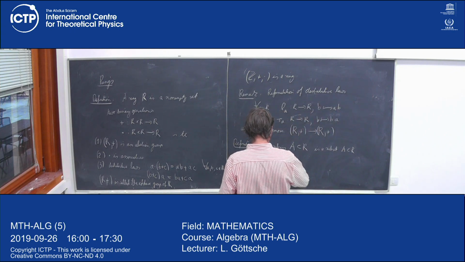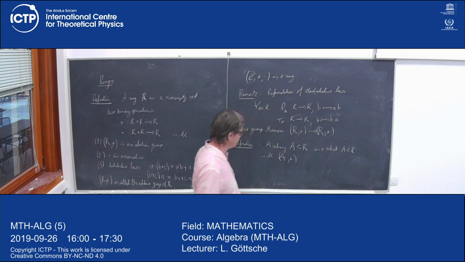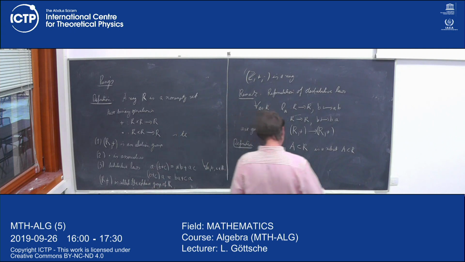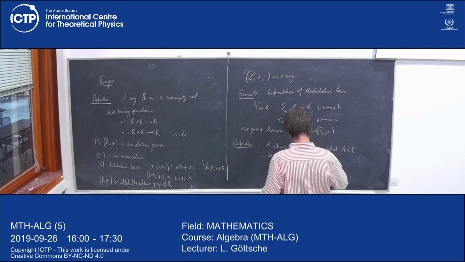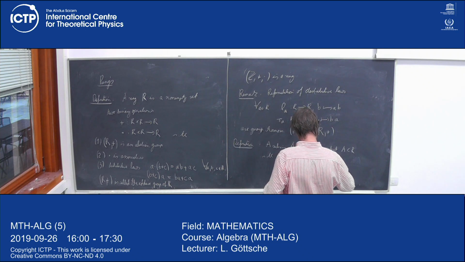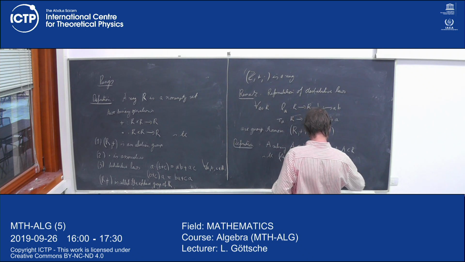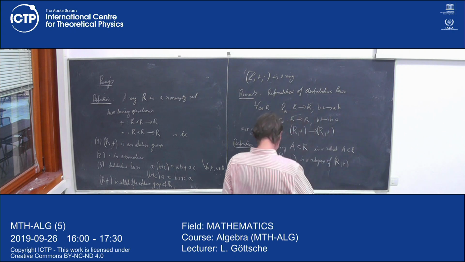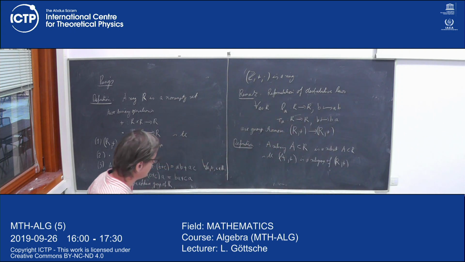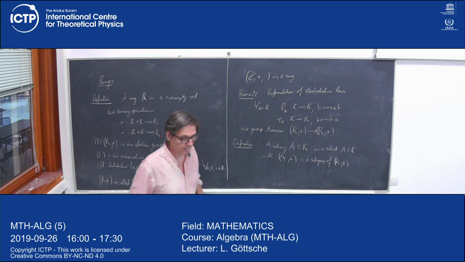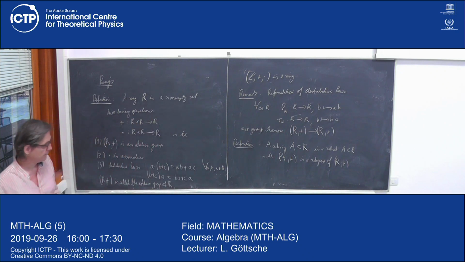first, A with the addition is a subgroup of R with addition, and we just want that it's closed under multiplication because we do not have any further assumptions.